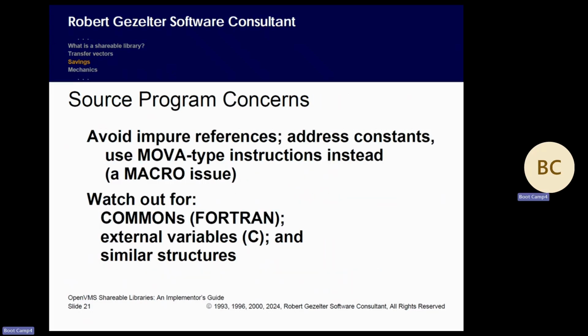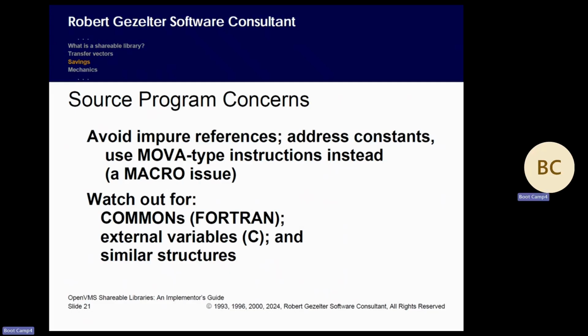Back when we were worrying about Macro-32, the danger was move # some address constant to a register. That is an impure reference. That will prevent that from being shared. Use the MOVAB instruction as a substitute. That solves the problem.